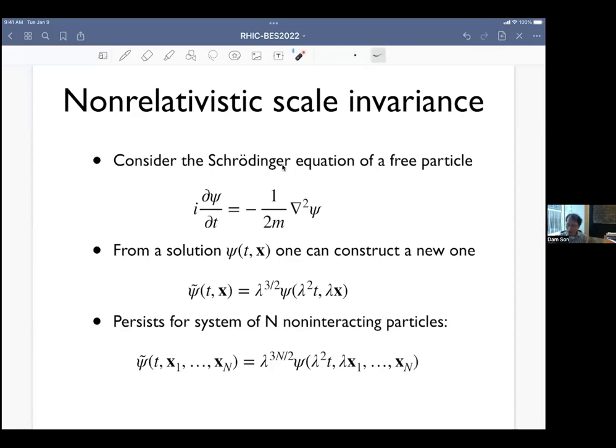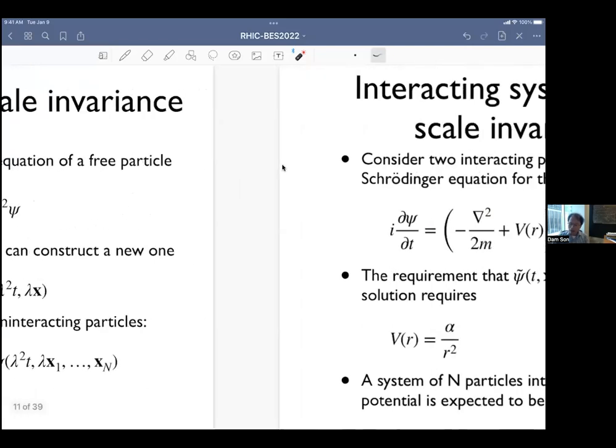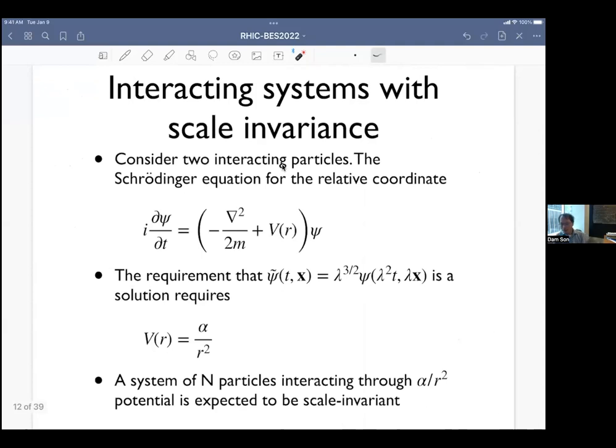And that property persists for a system of not just one particle, but n particles. A non-interacting n particle system would also have the non-relativistic scale invariance. We can also write down theories of particles that interact with each other, but still have non-relativistic scale invariance. One simple case is when we have an interaction potential that is 1 over r squared.